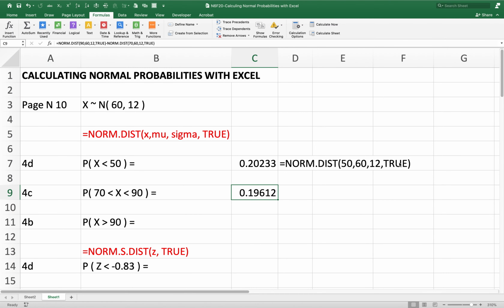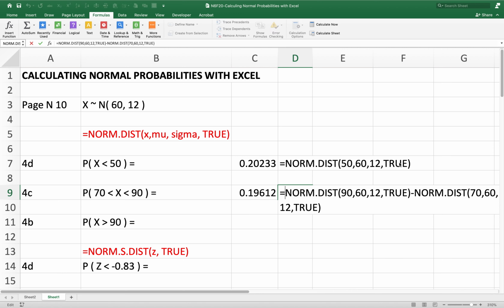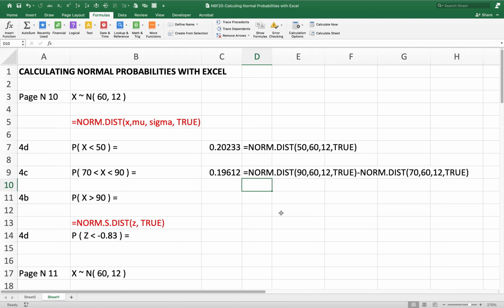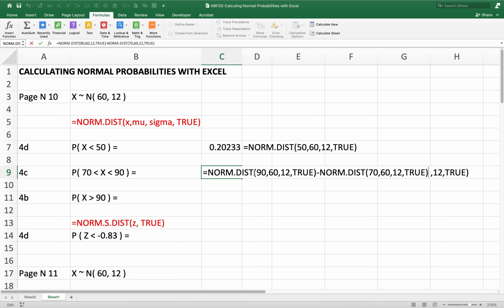Again, it's just a little different. Let me copy that first, and then put an apostrophe there. I'll make this a little smaller so you can see the whole thing. There we go. If I had just done the first one here, which would be from 90 down, let me show you what I end up with.